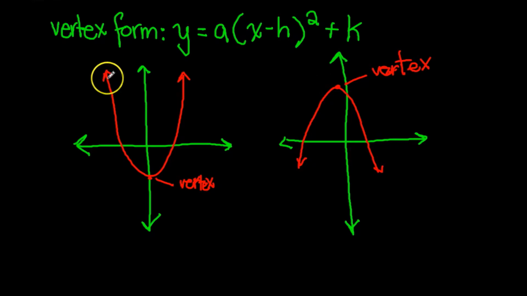Depending on whether the quadratic opens upwards or downwards: when it opens upwards, we have a minimum value at our vertex, and when it is opening downwards, we have a maximum value associated with our vertex.